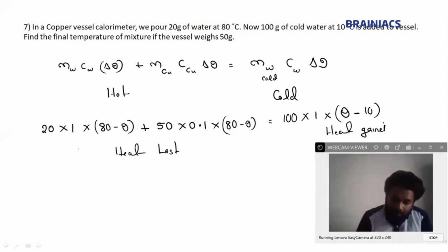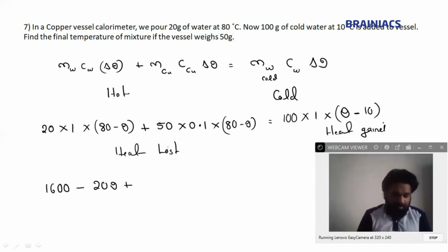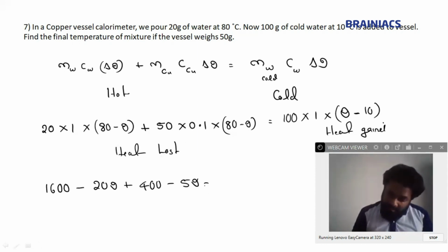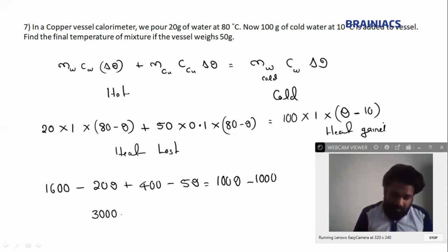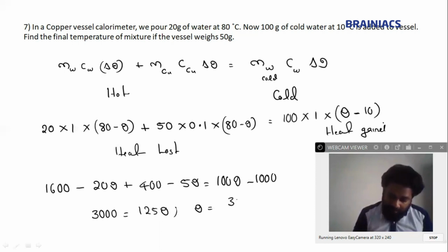This will become 2 into 8 is 16, 1600 minus 20 theta, plus this is going to become 5 into 8, 40, 400 minus 5 theta. This is equal to 100 theta minus 1000. So this is like 3000 is equal to, 25 will go to that side, 125 theta, and we will be getting theta is equal to 3000 divided by 125.